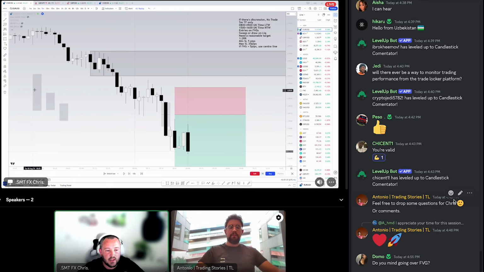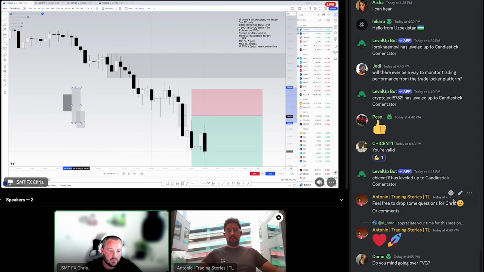Each candle is relatively efficient. Now, if we were to move this one over here, the low of candle 1, which is this one here, is higher than the high of candle 3.